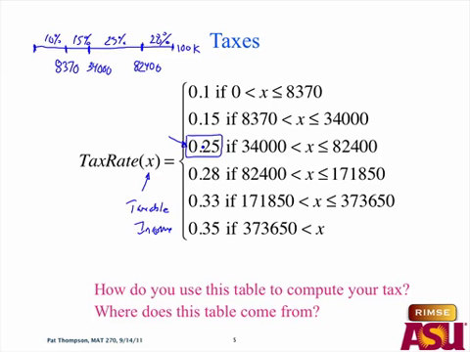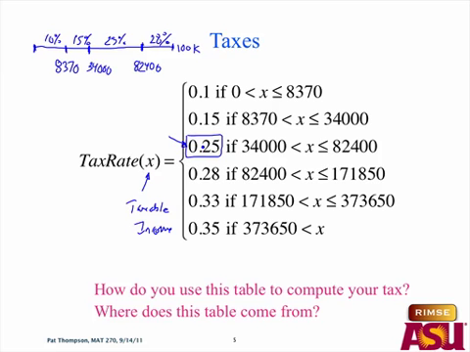If we think about rates as relative size, which one is in the numerator? Is our tax due 0.25 of our income, or is our income 0.25 of tax due?